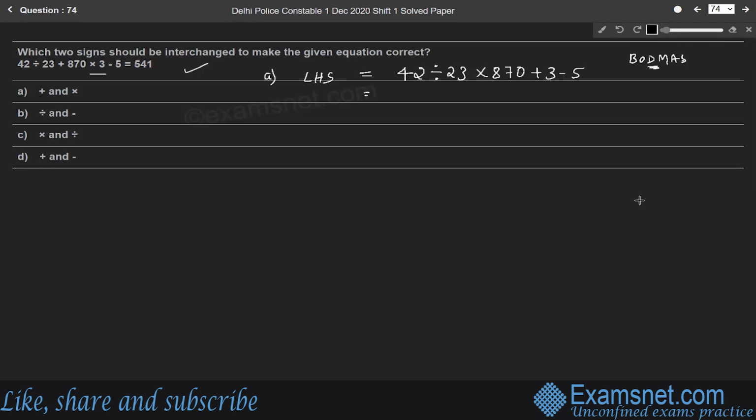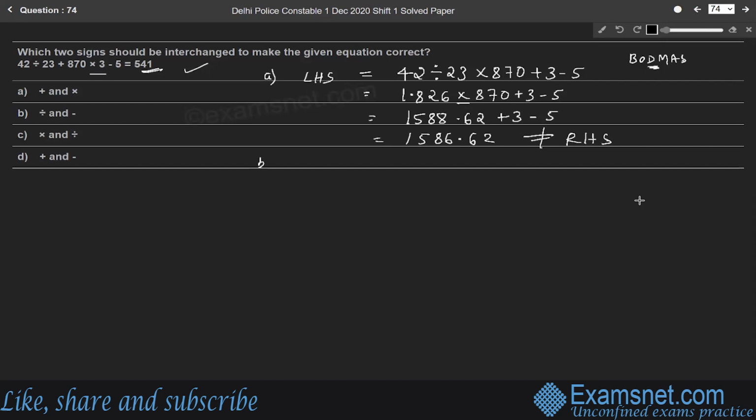So 42 divided by 23 becomes 1.826 into 870 plus 3 minus 5. Then multiplication: 870 into 1.826 is 1588.62, right? Plus 3 minus 5, which is equal to 1586.62. So which is not equal to the RHS, which is 541, right?